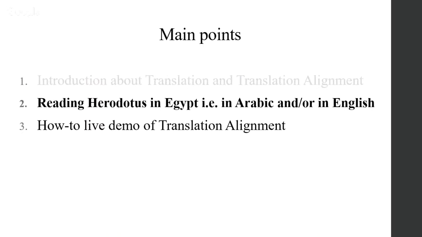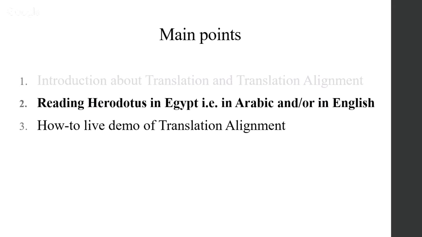I think it's a very powerful tool, and you will see in minutes how we could produce the translation alignment using this tool. Now, this is the first part of my presentation, and I think now we could go on to the second part, which is a very specific text, which is the Histories of Herodotus.